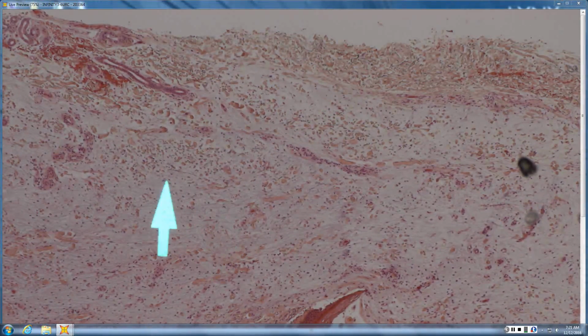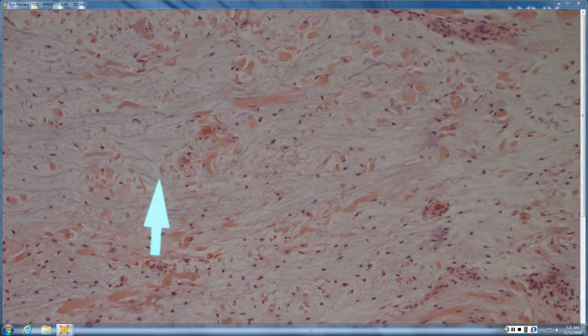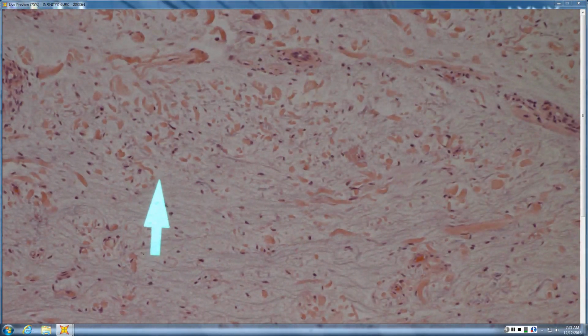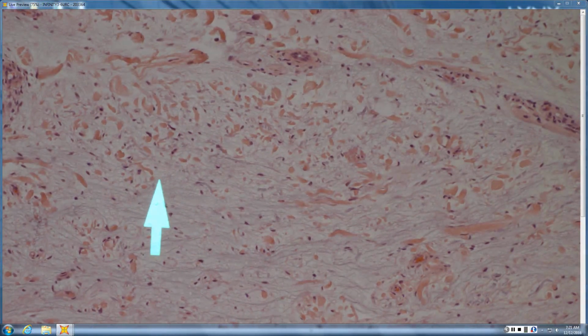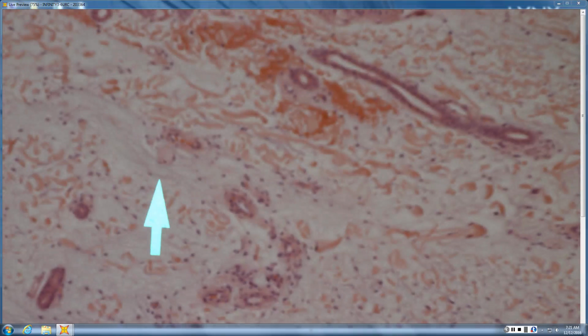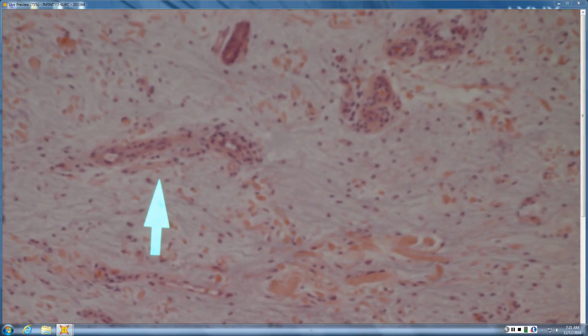And then the question becomes, is that gray blue stuff mucin or solar elastosis? And is a colloidal iron going to help you? No. Why? Because it stains them both.